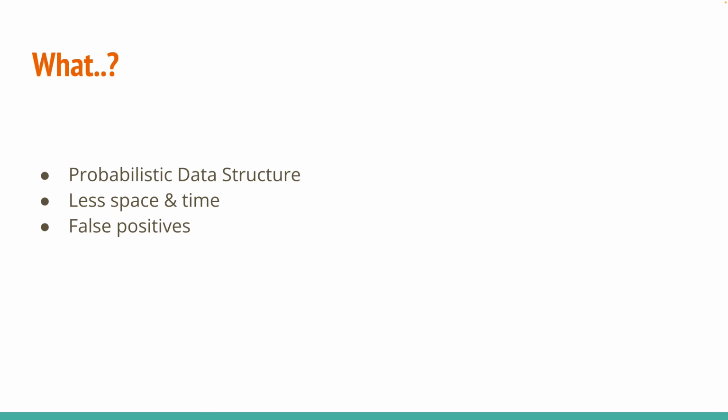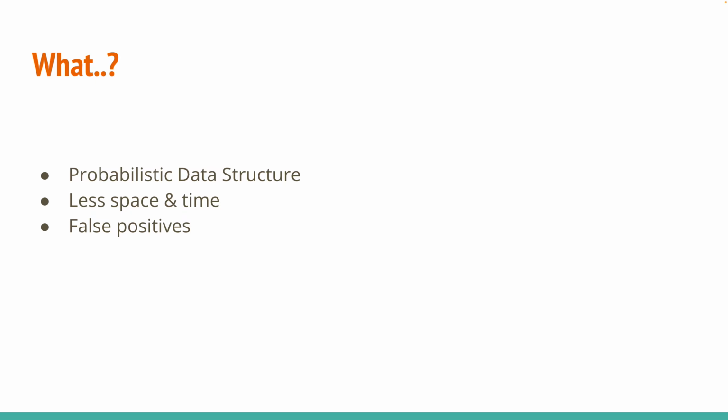Let's see what a Bloom filter exactly is. As per the textbook definition, it's a probabilistic data structure. Let's talk about what is probabilistic here, but it's nothing but a data structure, something like a hash set, you can imagine.